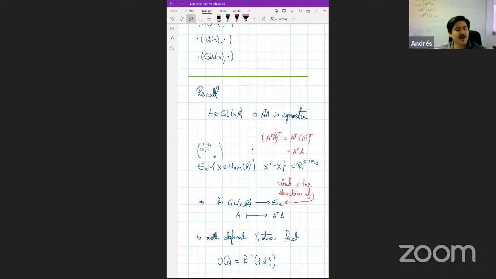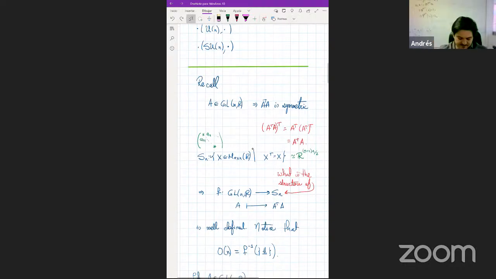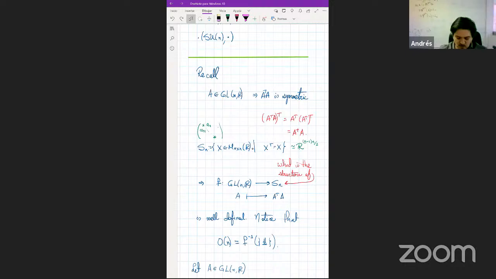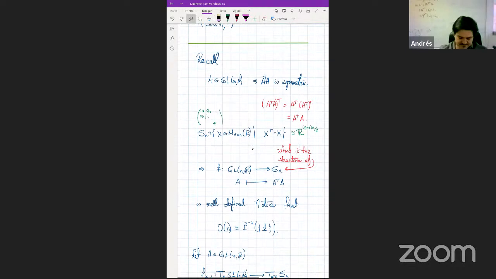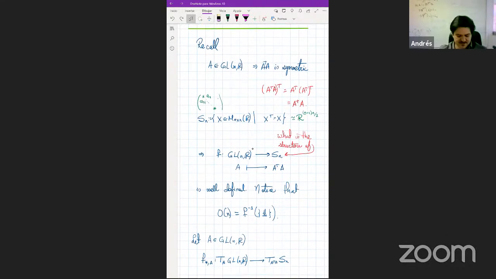And again, that map, we have seen it before, and we know that the preimage of the identity is precisely the orthogonal group. That's what we have seen. Okay, now, basically, we're going to compute the dimension of this.